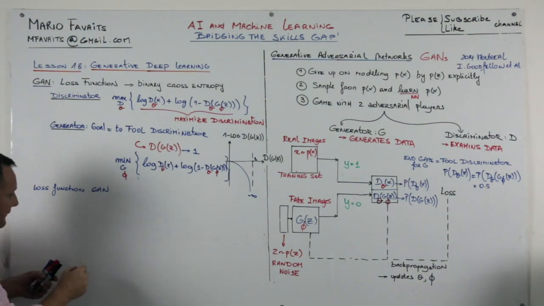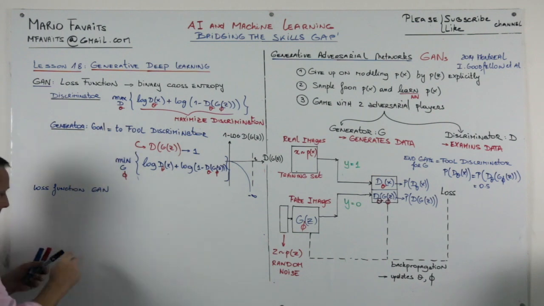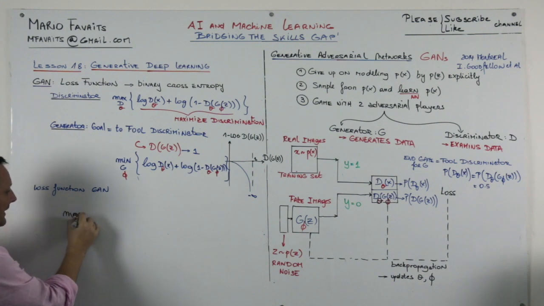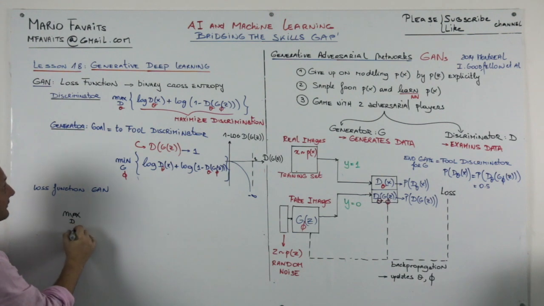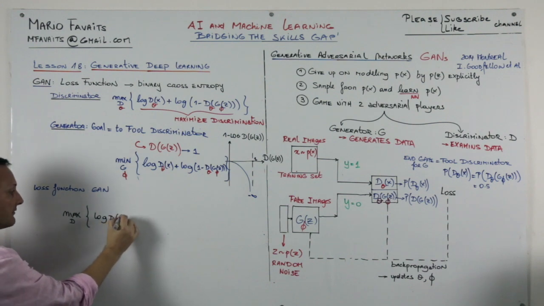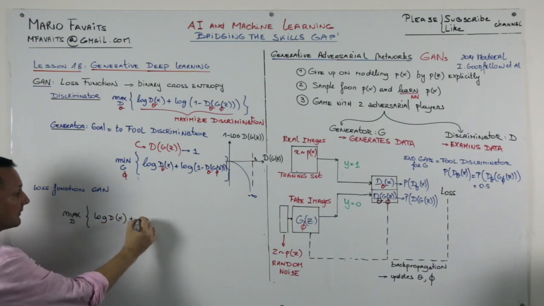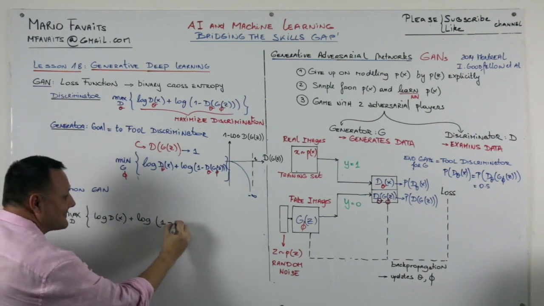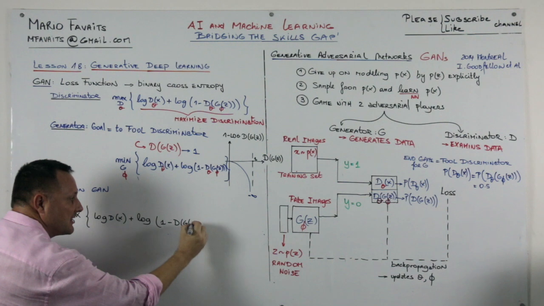Alright, so the loss function for the GAN, I can combine these two. We'll take first the maximum over the discriminator with parameters theta, and then we take this log of D(x) plus the log of 1 minus D(G(z)).